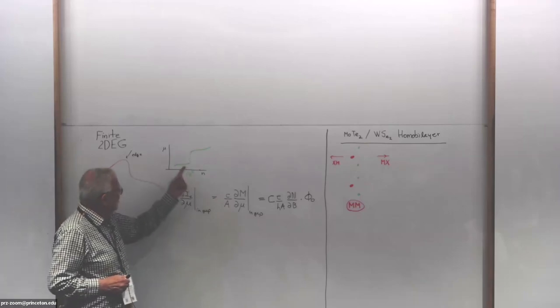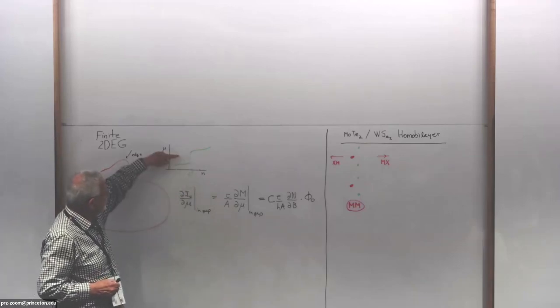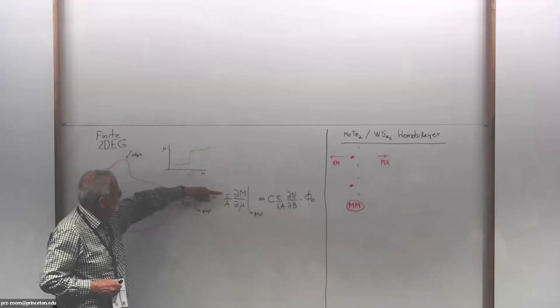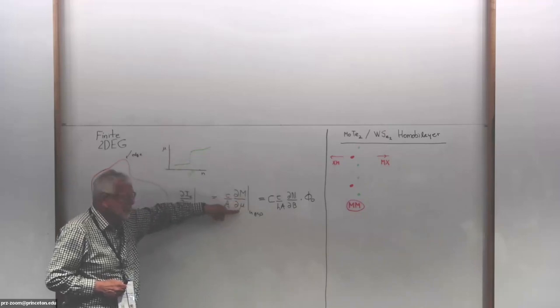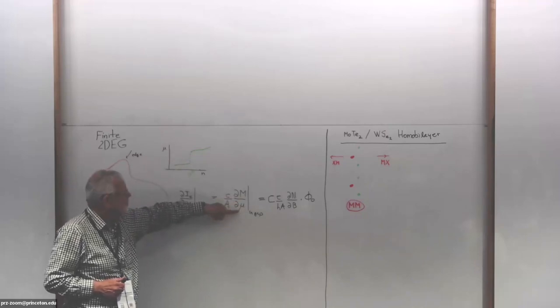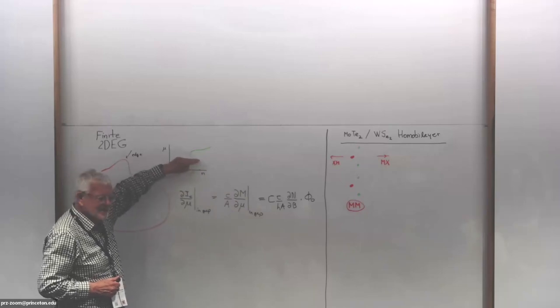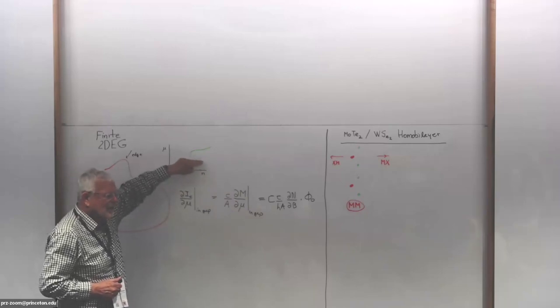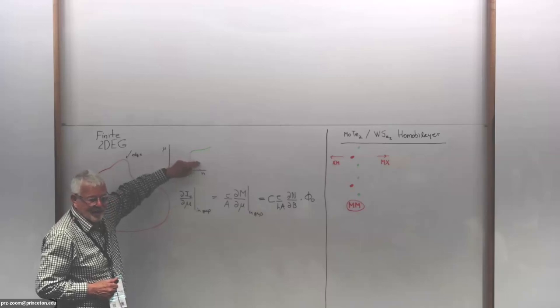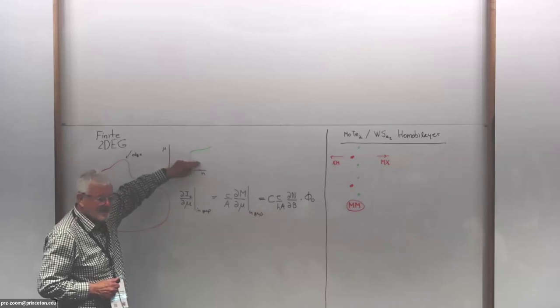And if you have a 2D insulator and you take the derivative of the orbital magnetization with respect to chemical potential somewhere inside this gap, then the current density, since it's an insulator, can't change in the bulk. It can only change at the edge.